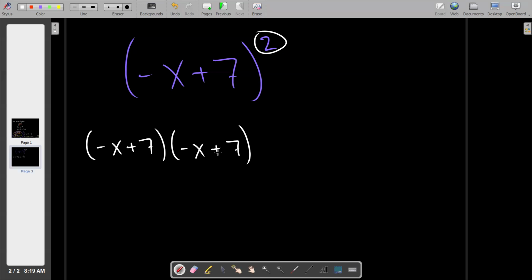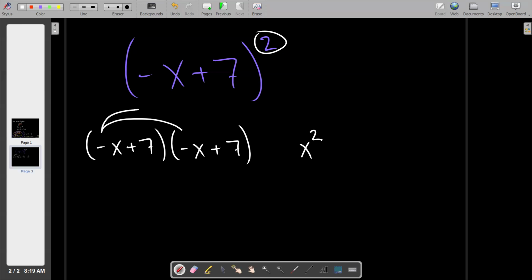There's no way you've gotten to this level in this school without me specifically, and maybe Mr. Manlove, having taught you how to multiply polynomials together. This will require four multiplication problems. What is negative x times negative x? Positive x squared. Okay, 1 down, 3 to go. We connect everybody to everybody. There is a shorter way to do this, and that's the square, square, multiply, double. But now this is our bailout.